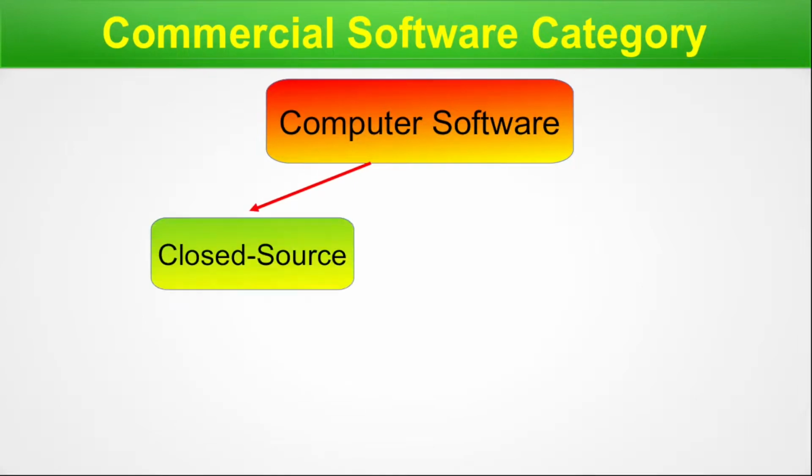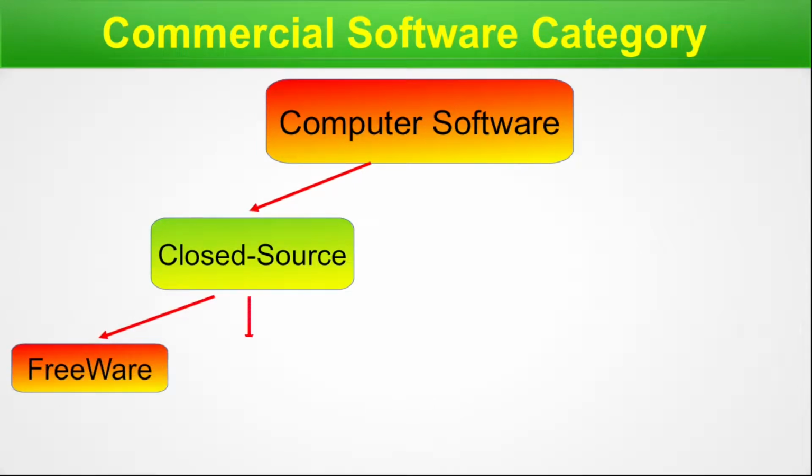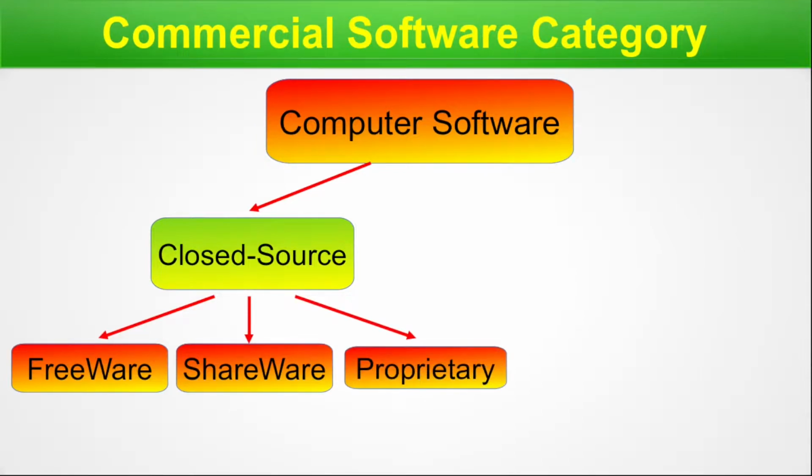Now, commercial software category. We have just talked about two broader categories of software. Any one of them can be recategorized in closed source software, which has subdivision of freeware, shareware, and proprietary software. Now, what is a freeware? Freeware is a software where you don't have to pay any license fees. You can go ahead, download it, install it, and start using it.